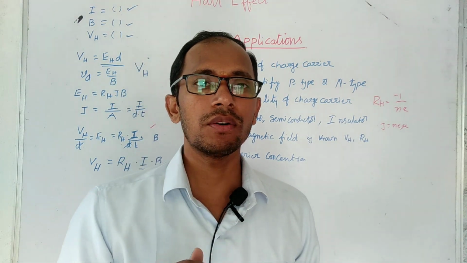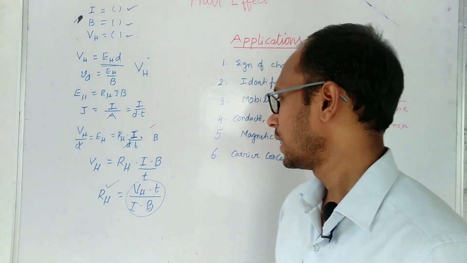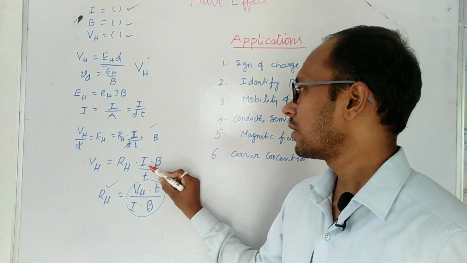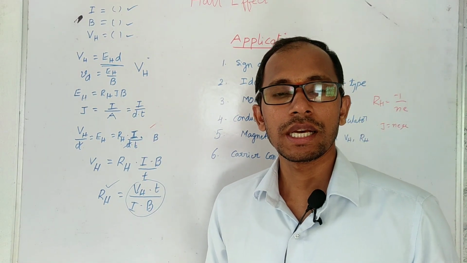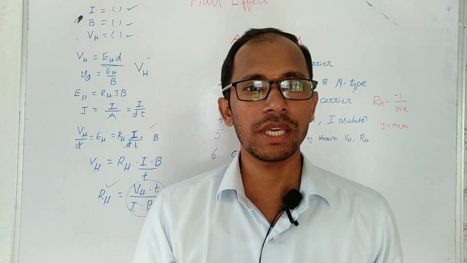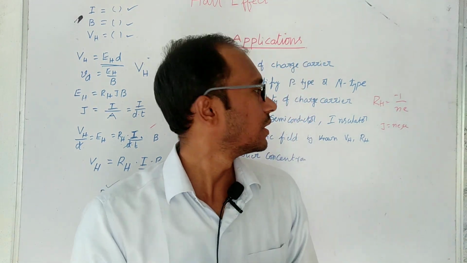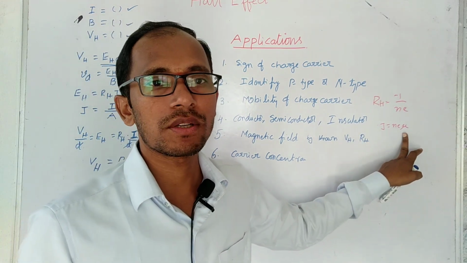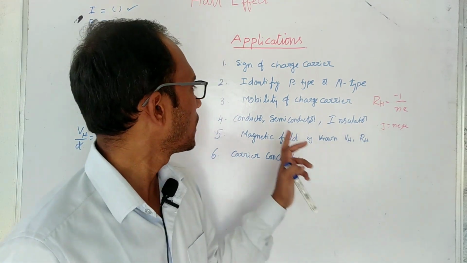Since J is equal to I by A, we can get the J value, the current density. From the current density we can measure the mobility of the charge carriers, mu also. That is one application.